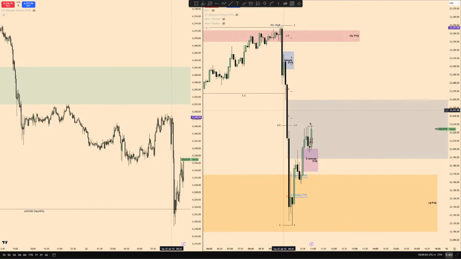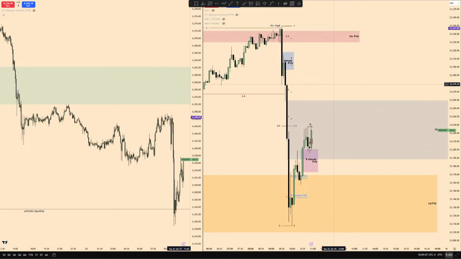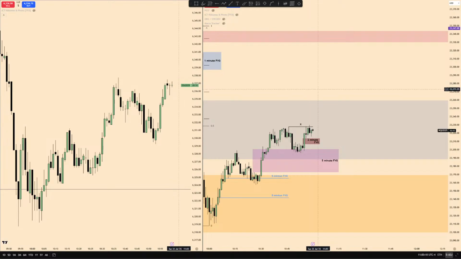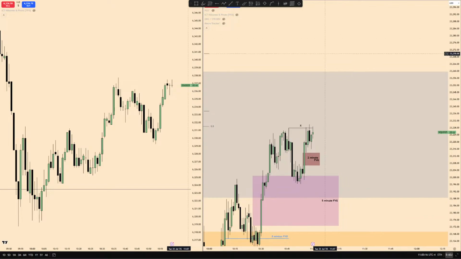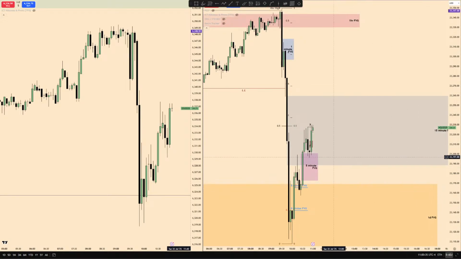Yeah, very hard to trade against these imbalances though. We had a 5 minute close above the down move there.